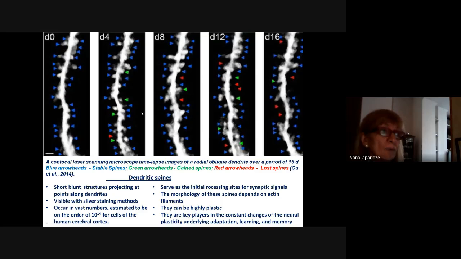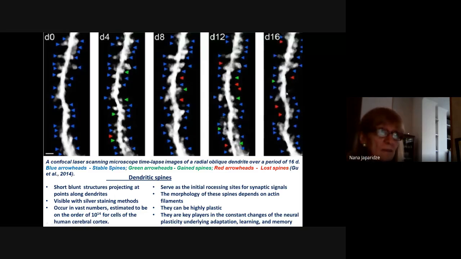But another one, for example, this one, it was definitely not here on the first day of capturing, and then the small protrusion is derived, then the spine is finally formed, but after 4 days it fully disappears.